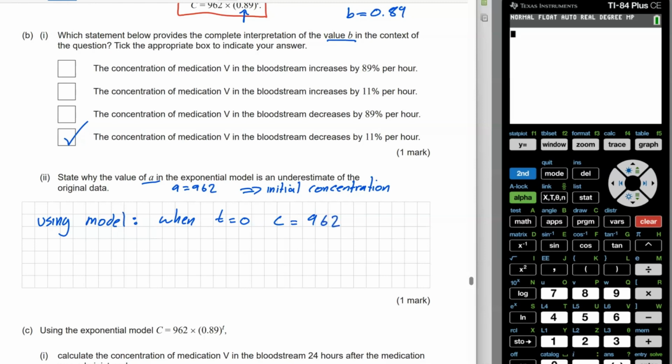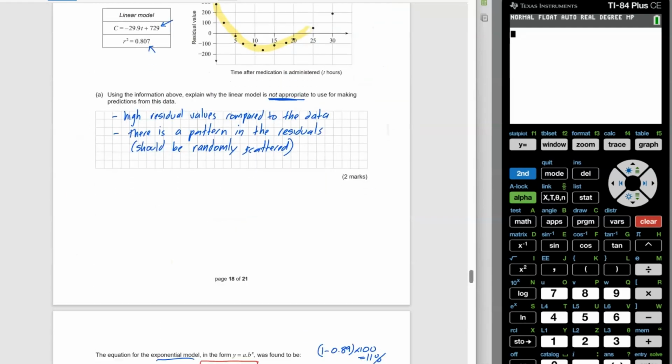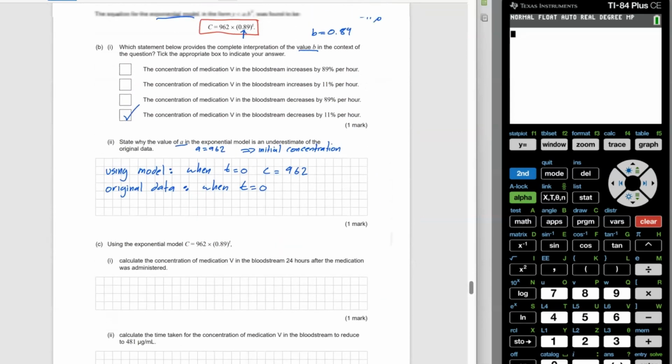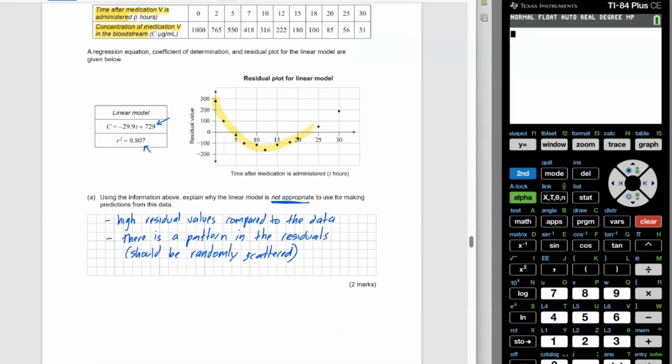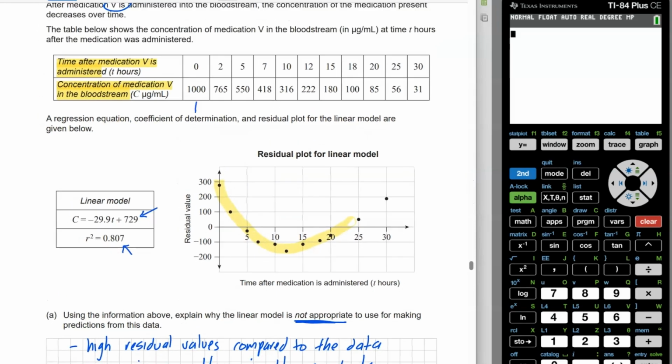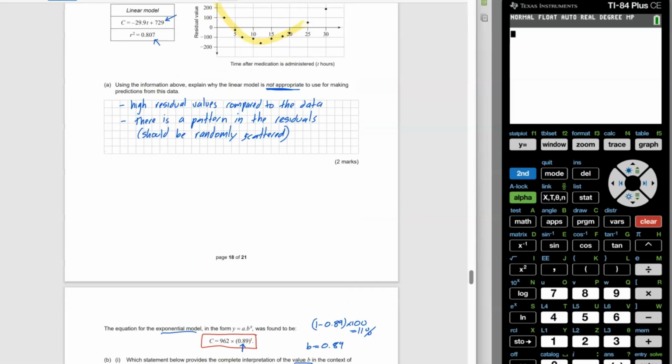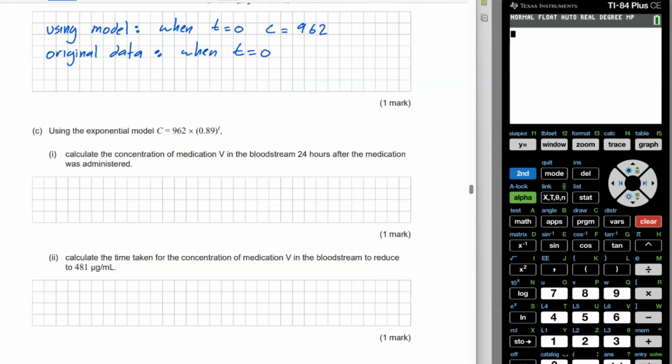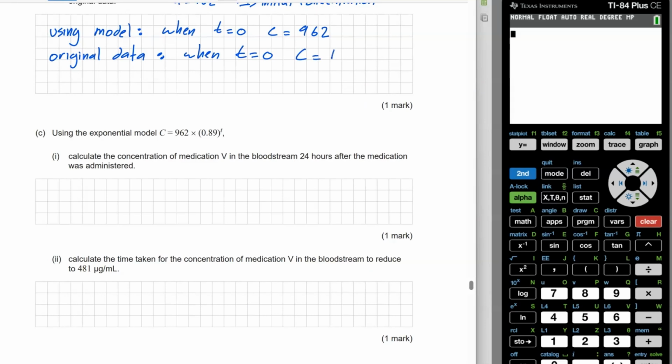However, using the original data, when t equals 0, and let me just double check, we get 1,000. So C equals 1,000, which means that this is an underestimate.